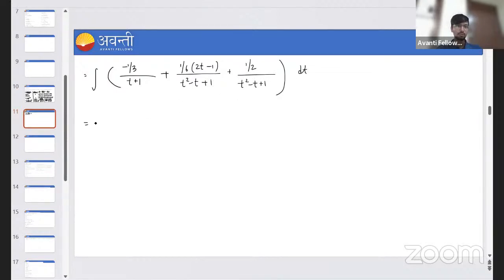Correct? So that means I'll have to use completing the square here.